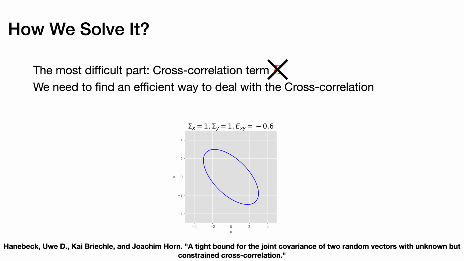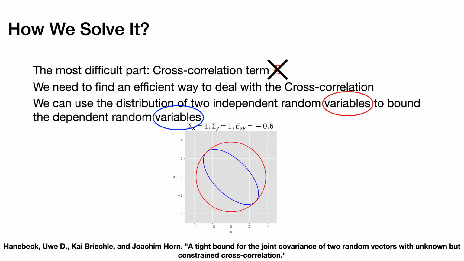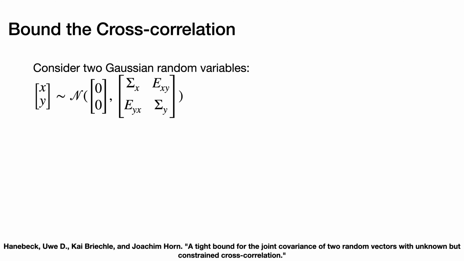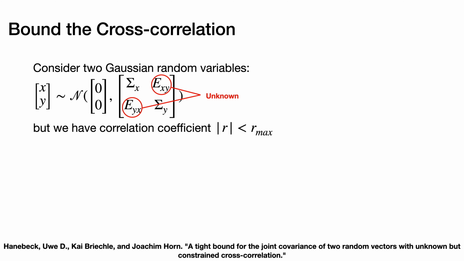Let's look at a 2D example where the sigma of x and y is 1 and E is minus 0.6. If we can use 2 independent random variables to upper bound the dependent x and y, we can leave the cross-correlation term out. More formally, we can consider 2 Gaussian random variables. Assume that we don't know the cross-correlation E between x and y, but instead, we know that the correlation coefficient is less than some value r max.